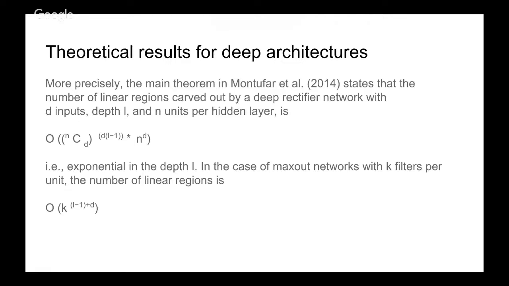And also this is for an absolute value output unit, and if you use maxout as the output unit, then you can get the second equation, which is k to the power of L minus 1 plus D, which is also exponential in L. So it again gives you an exponential number of foldings in the depth of the network.